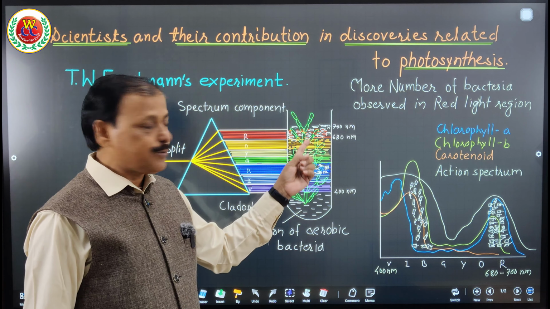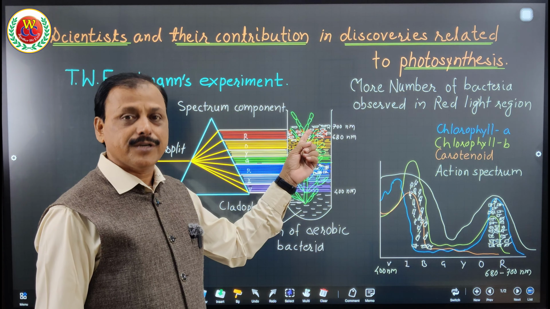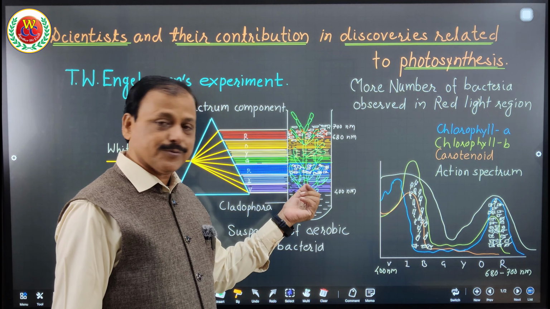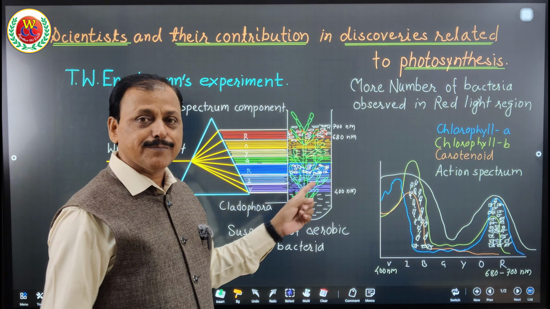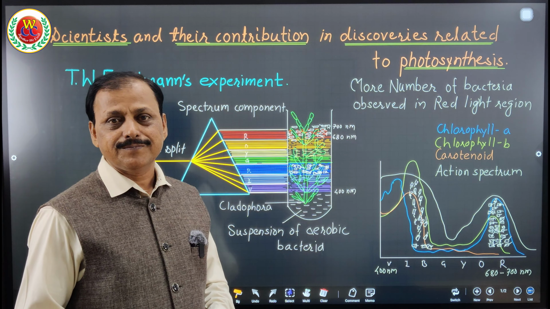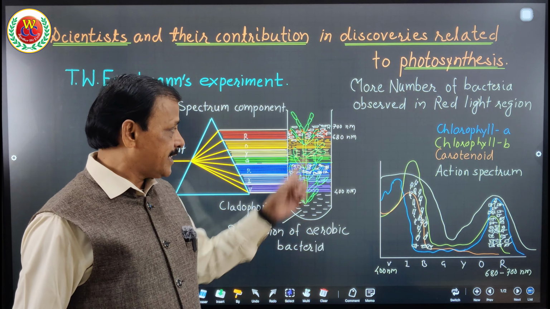And it is true that in the red light there was more oxygen, and therefore bacteria could accumulate there. When we feel suffocated in one room, we go to another room. In the same way, the bacteria found oxygen in the region of red and blue light, so they accumulated there to have oxygen for their livelihood, as well as more organic matter for food. And that is what was proved.